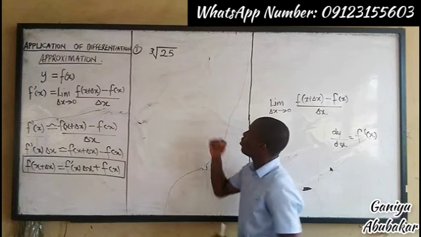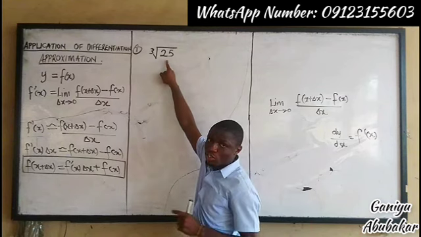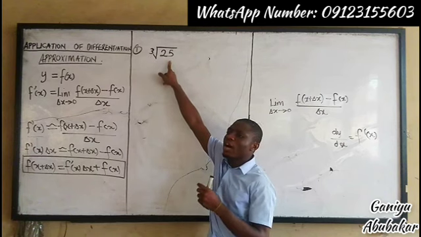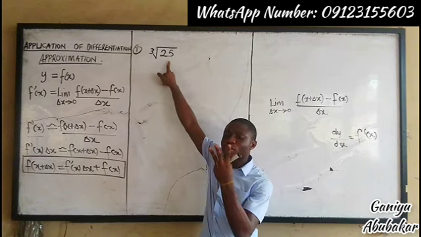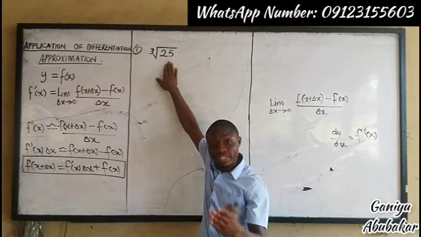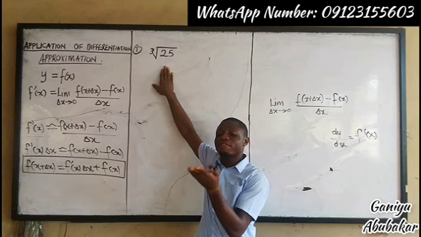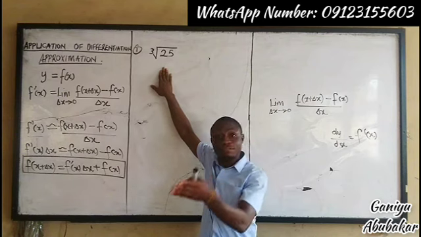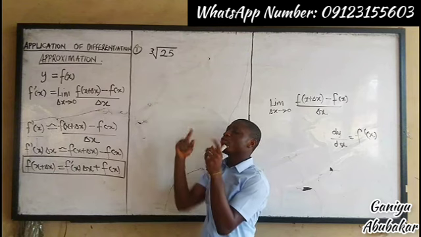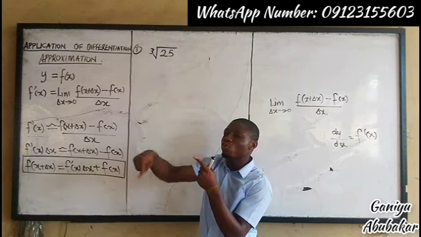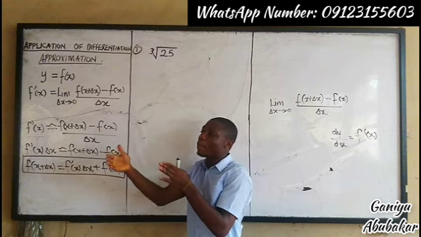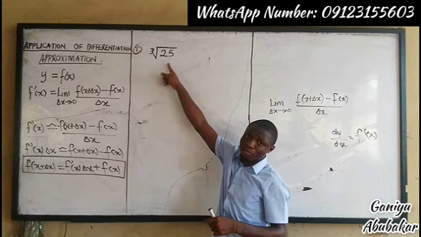Now look at this 25. I'm having the cube root of 25. It simply means three numbers that multiplied together give 25. But such a number does not exist. If I say 5, 5 times 5 times 5 is 125, not 25. So look for three numbers such that when we multiply them together, it gives a number near 25.